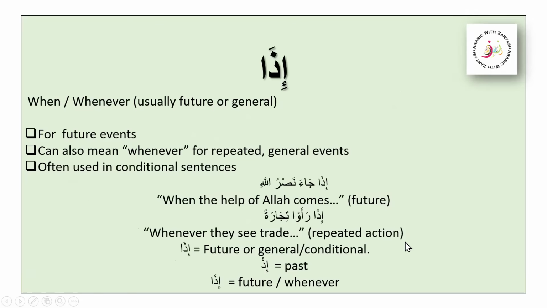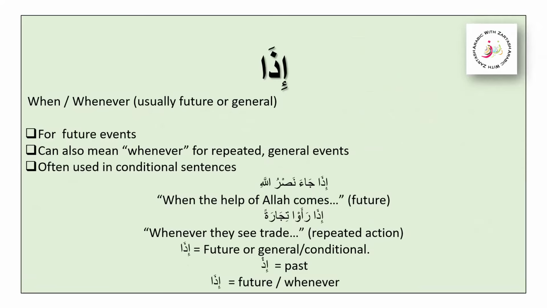Here in this sentence, ra'aw is a fi'l madi, but we can see Iza is pushing it into the future tense: whenever they see trade. So here Iza can be translated as future or general, or used in conditional sentences. So Idh is for the past, Iza is for the future or "whenever."